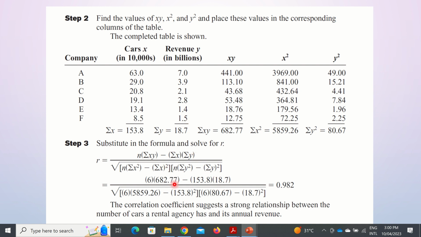When you simplify this quantity using a calculator, this is simply 0.982, and we already saw in the scatter plot that the data has a strong linear positive relationship, because in this case the value of r is very close to 1.